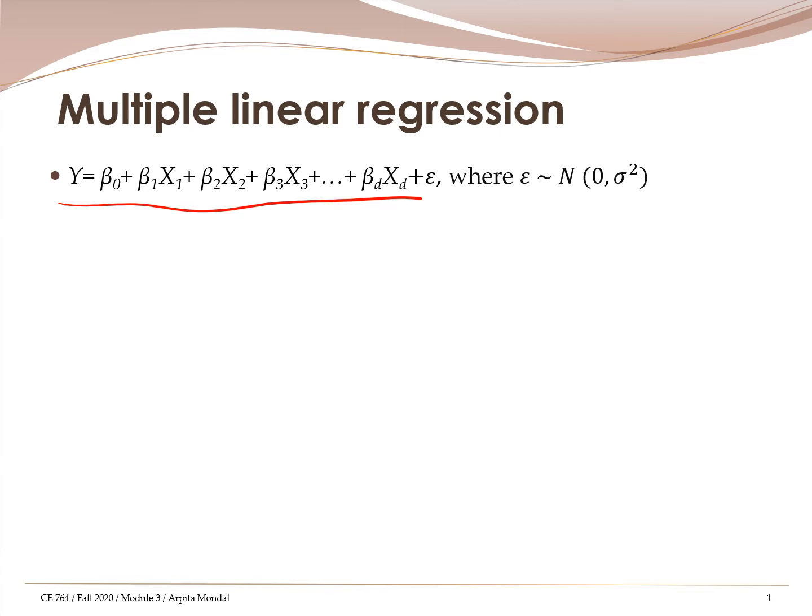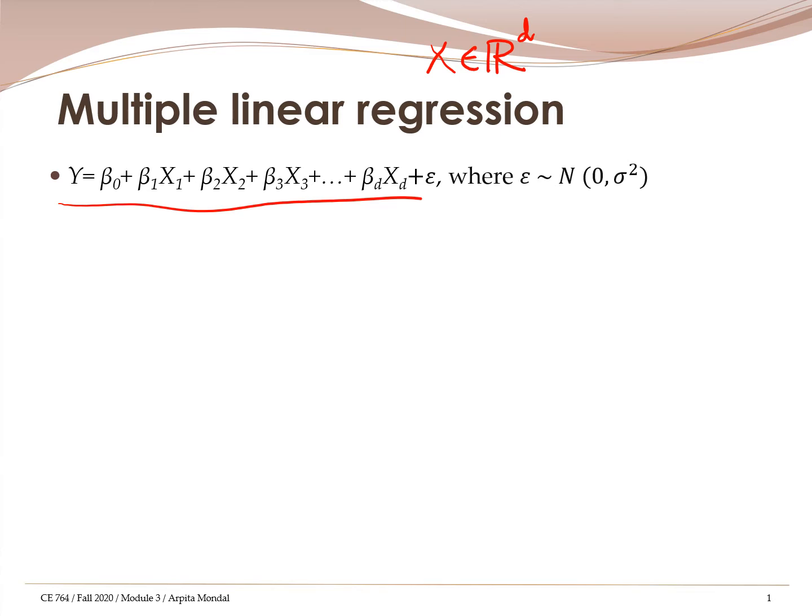If I write in vector notation, then x belongs to d-dimensional real values. Although one of the predictors may not actually be real, like the example of whether the city is a metro city or not.